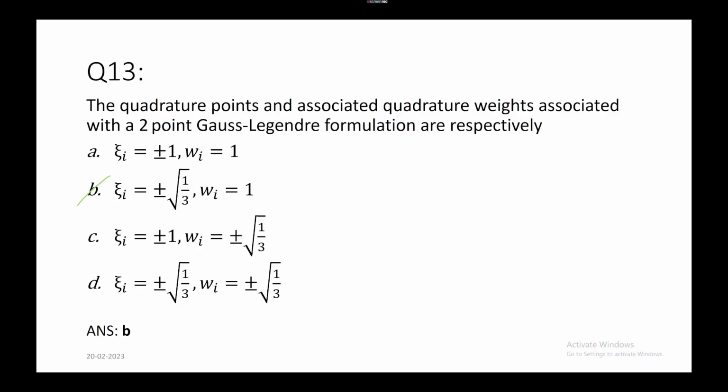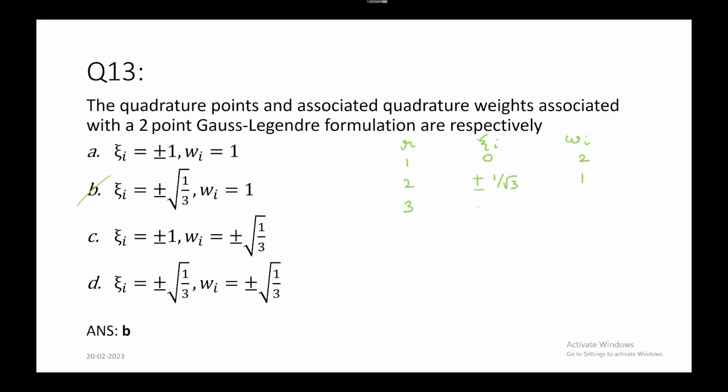So these are the two quadrature points and the two associated quadrature weights of the Gauss Legendre. So if you plot a table, if you say R, so 1 point, 2 point, 3 point, what are the chi I, what are the Wi? So here chi I will be 0, W will be 2, here it will be plus or minus 1 by root 3, W will be 1.